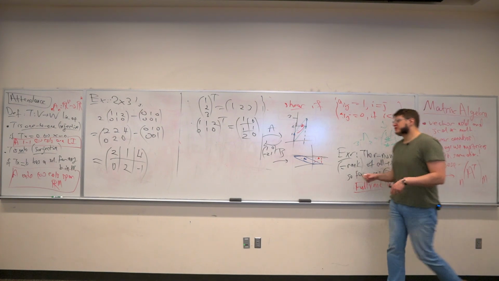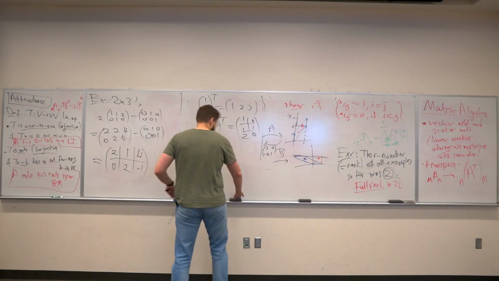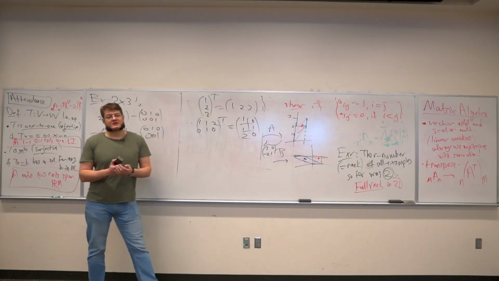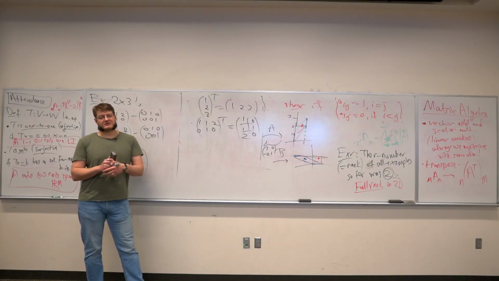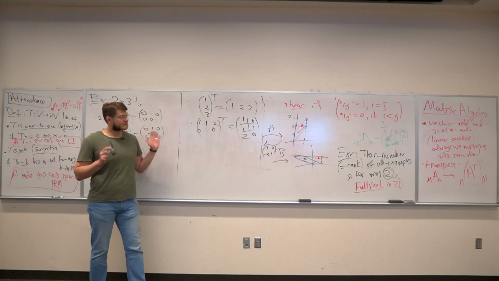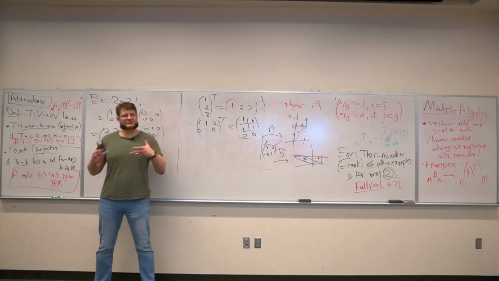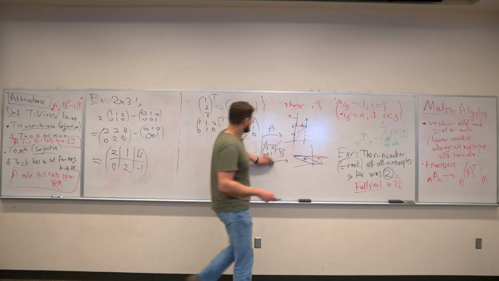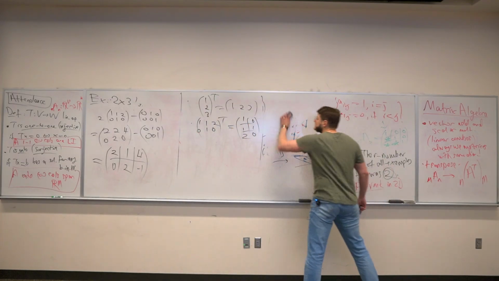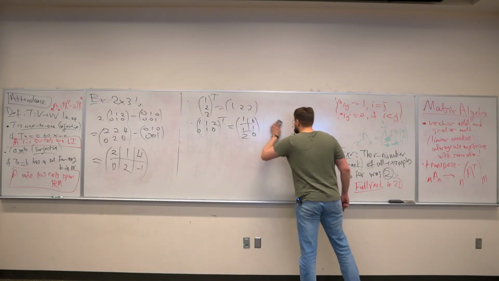Perhaps I'll say this. Here's an important definition. A matrix is symmetric if it's equal to its transpose. Somehow, if a matrix is symmetric, it has some symmetry. This is one of the most important definitions in this class, actually.